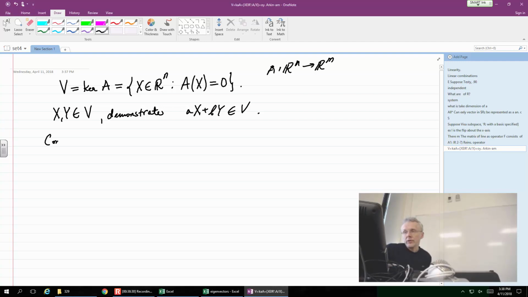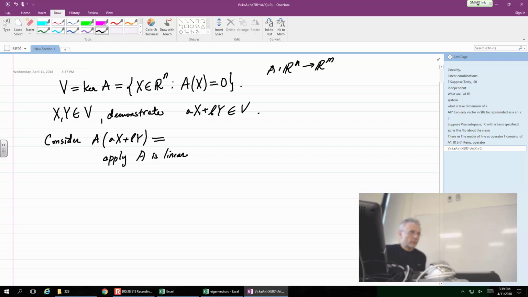So we just consider A of ax plus by, and what I do is I apply the fact that A is linear. Remember what it means for a function to be a linear operator.